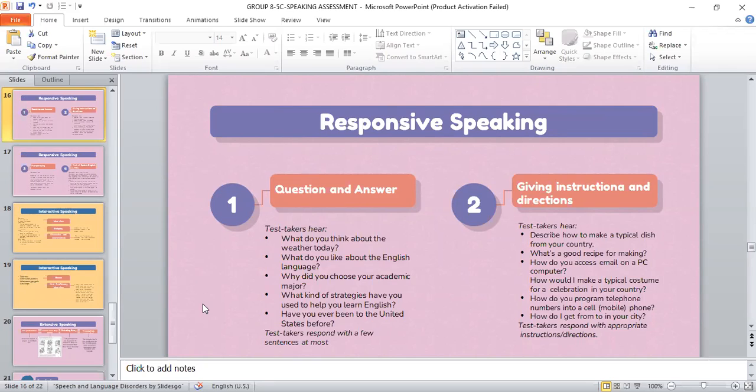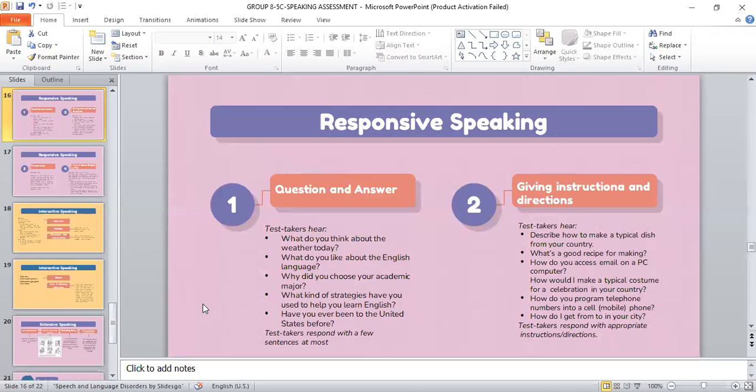The first one is question and answer. Question and answer activities can be as simple as one or two questions from the interviewer, or they might make up a significant percentage of an oral interview's battery of questions and prompts. They can range in complexity from simple to complicated.